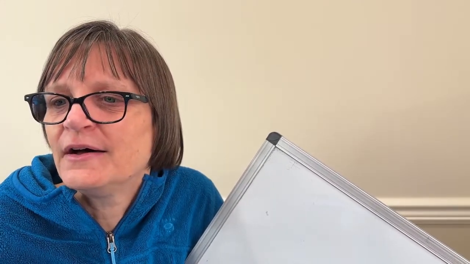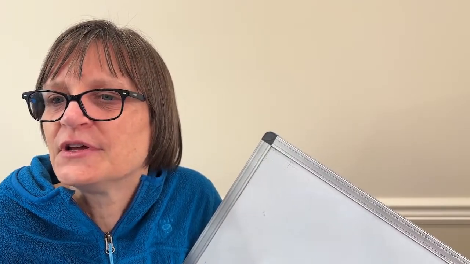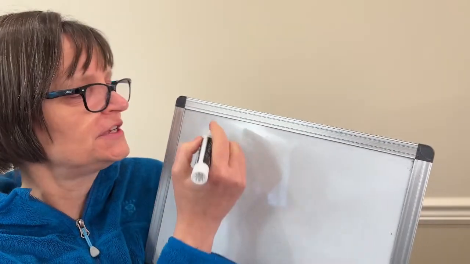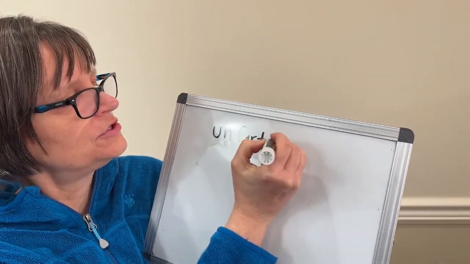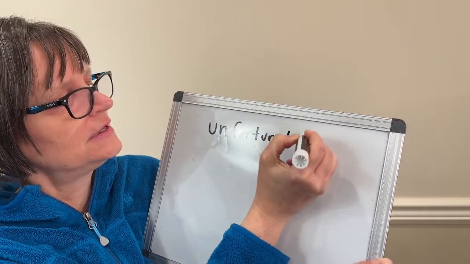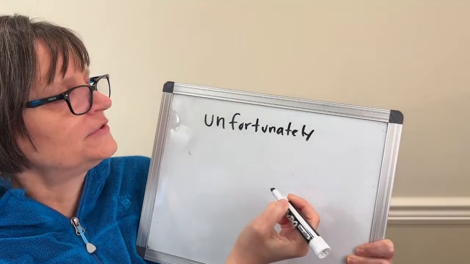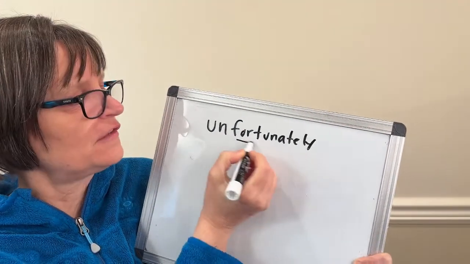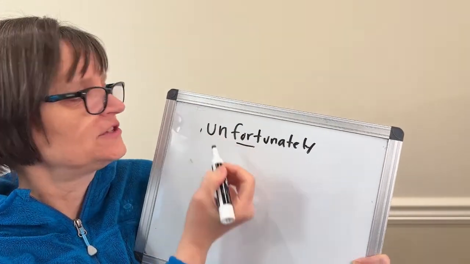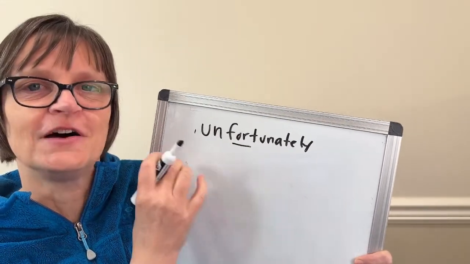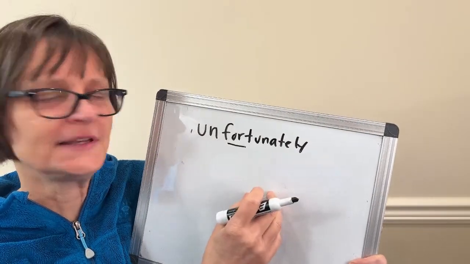Okay, we have a question about how to pronounce unfortunately. So fortunately is stressed on for, and so is unfortunately, but there can be a little secondary stress on the un to highlight unfortunately versus fortunately.